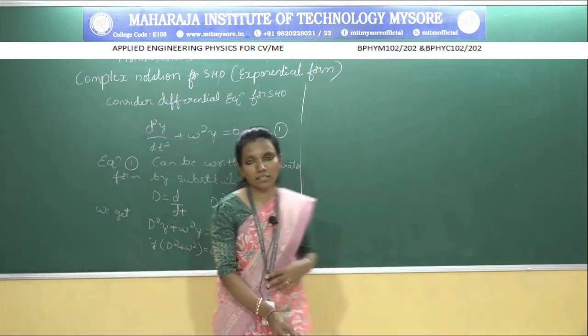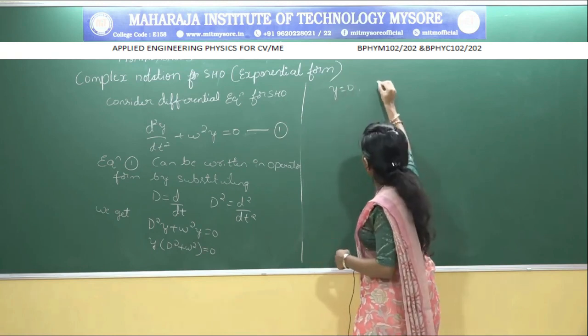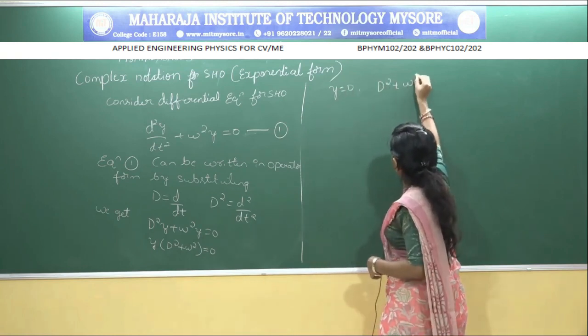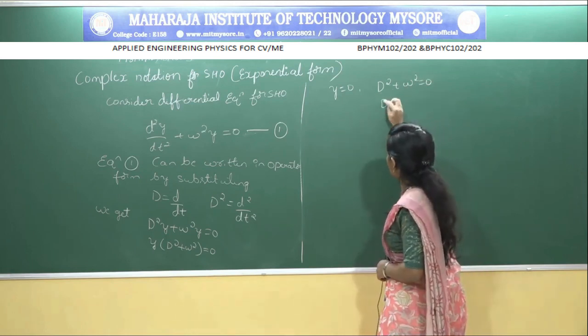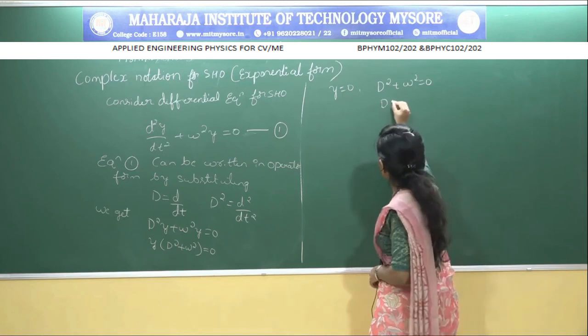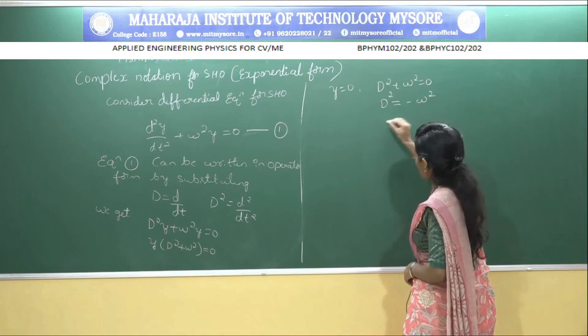Here we get two solutions: one is y is equal to 0, and the other is D square plus omega square is equal to 0. Then D square is equal to minus omega square.